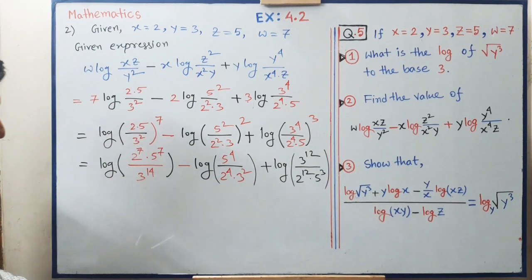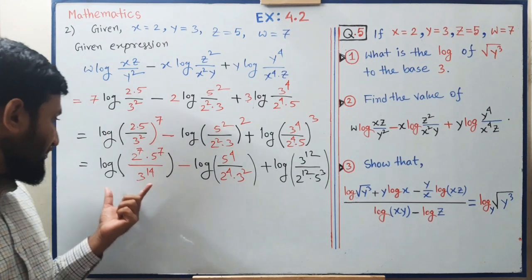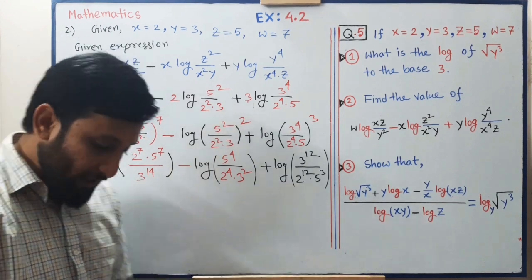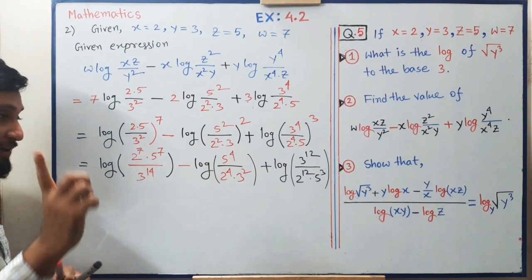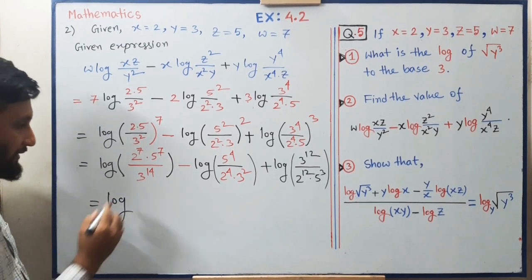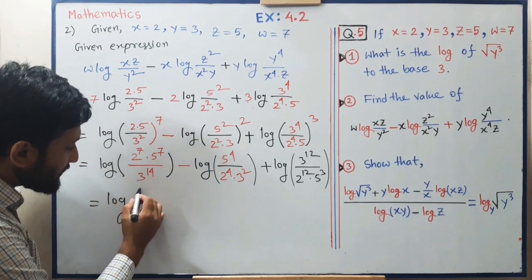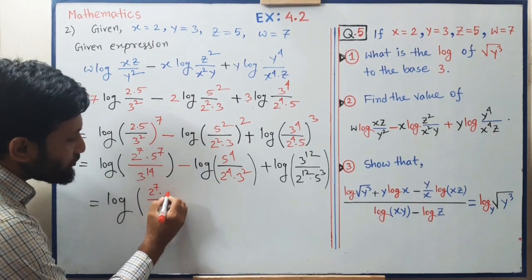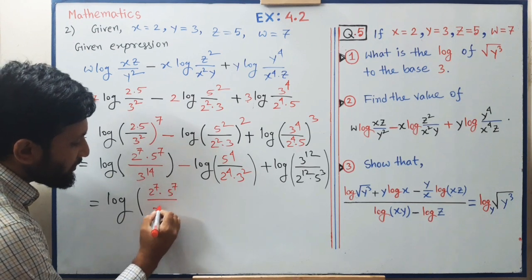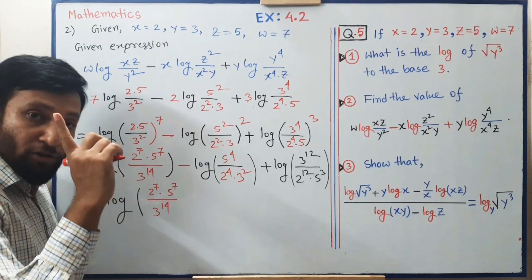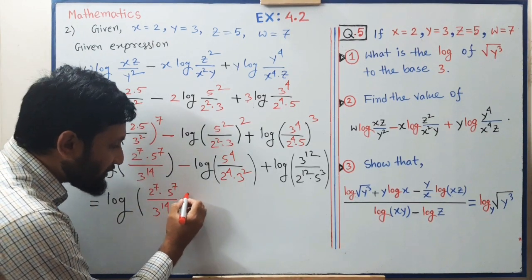Okay. Now, by simple calculation, here we can use a formula. Here we have 3 log terms: log, log and log. So, we can use the common log formula. The value of the first term is 2 to the power 7 into 5 to the power 7, 3 to the power 14, and then here the sign is minus. So, according to the formula we can set here a divide sign.